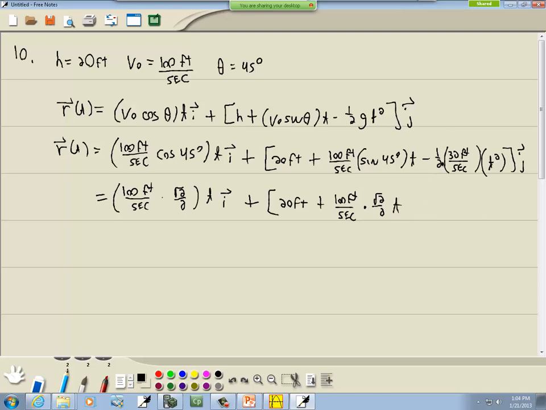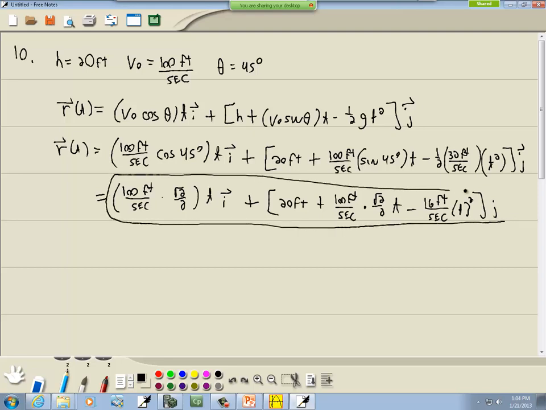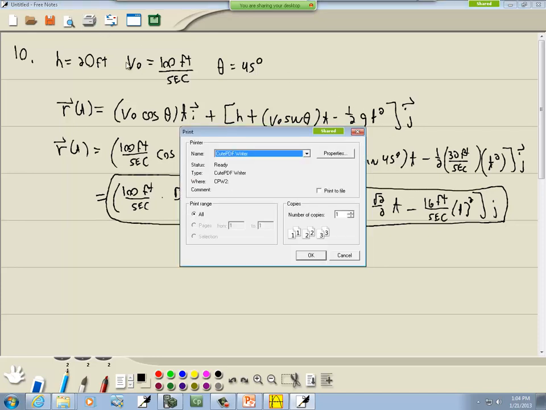The 1/2 here cancels that 32, so that gives us 16. So minus 16 feet per second, t squared, j. It's probably not a whole lot of benefit to simplifying that further. So that's our answer. Let me save that page.